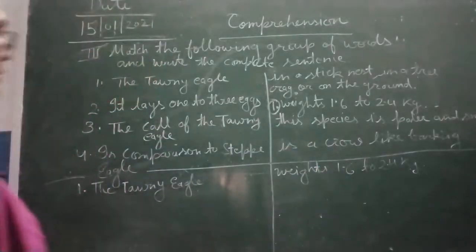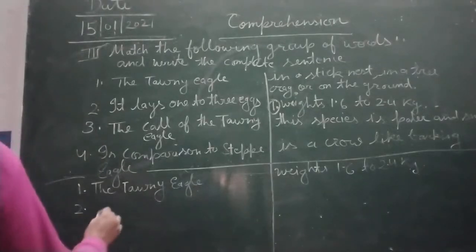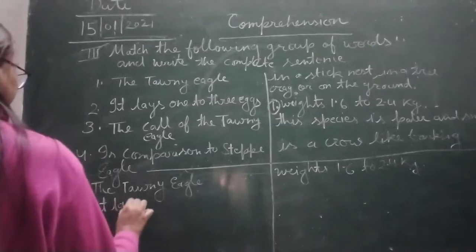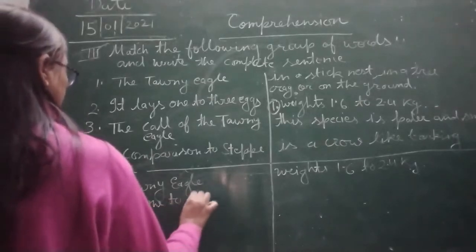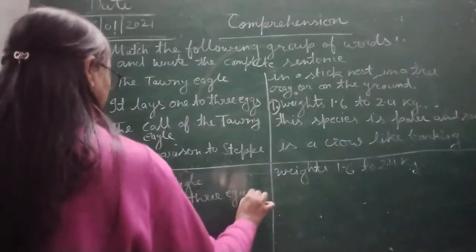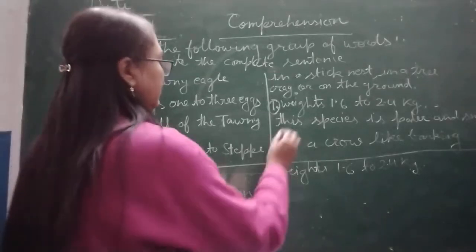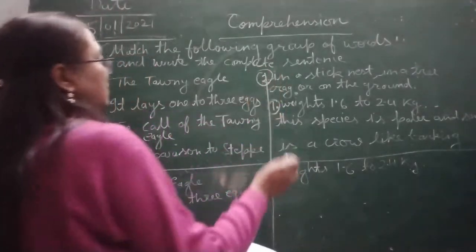And now second one. Second is it lays 1 to 3 eggs. So we have to write this place. So this is the second answer.